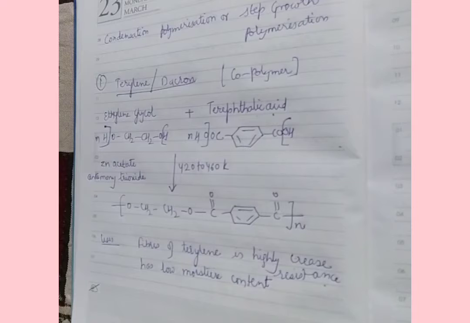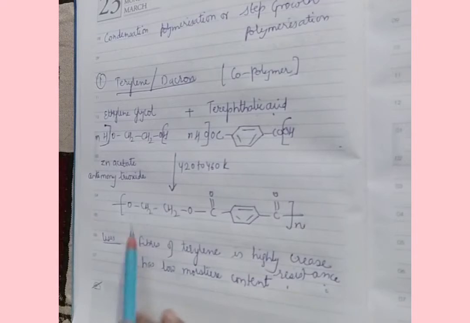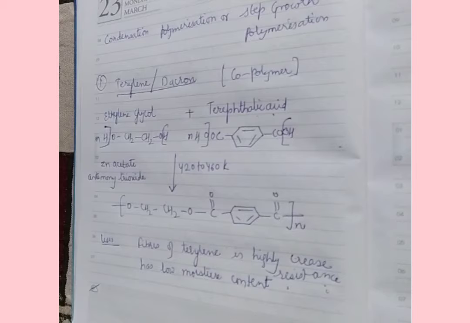It is also mixed with wool and cotton so that it has high crease resistance, and the wool clothes do not have so many frizz on them, because of this terylene or Dacron being mixed in it.